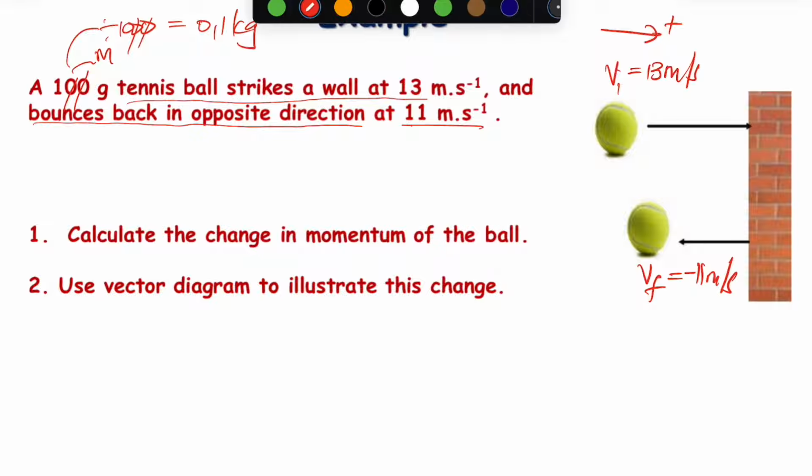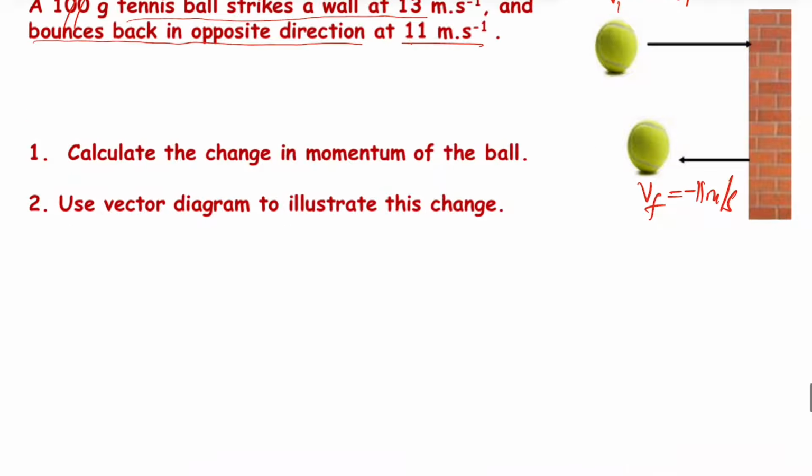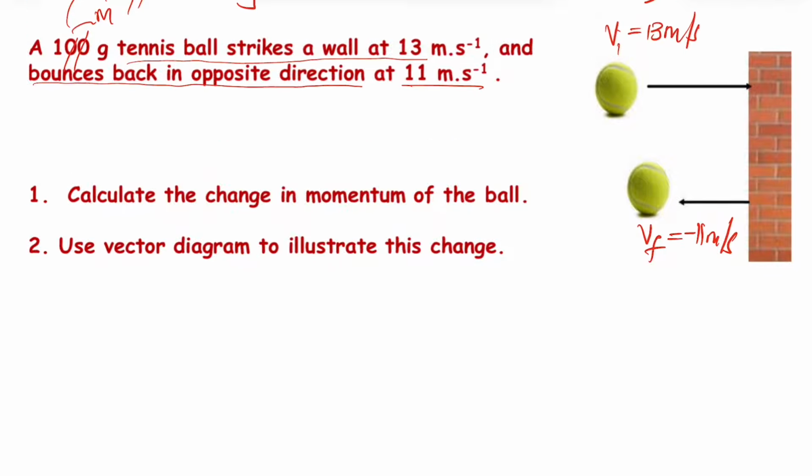Let's look at the question. The question says calculate the change in momentum of the ball. Okay, calculating the change in momentum there, you can calculate the momentum separately or you can calculate in combination. But what I'll do in answering number one, I'll calculate the momentum separately. I'll say momentum initial is equal to m v initial, and I'll take the mass.